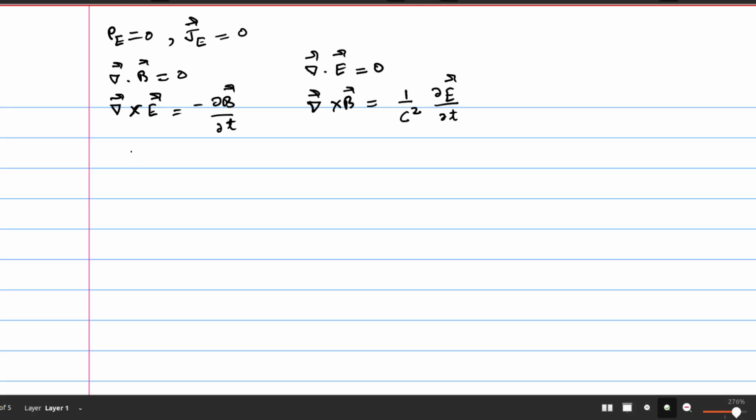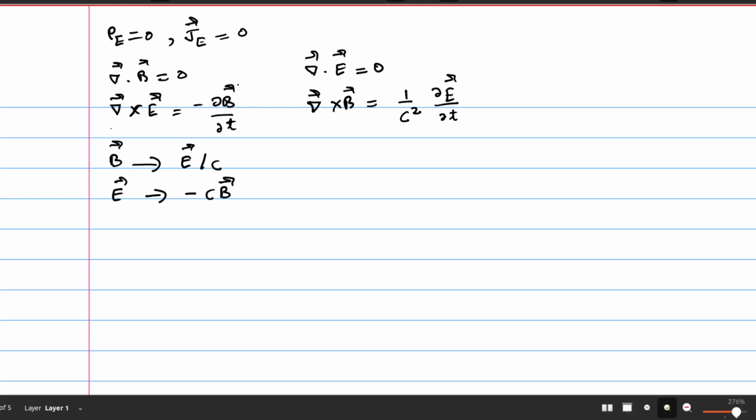Now these equations have a symmetry which is called electric-magnetic duality. In these equations, if we replace B with E by C, and if we replace E with minus CB, then we again get Maxwell's equations.